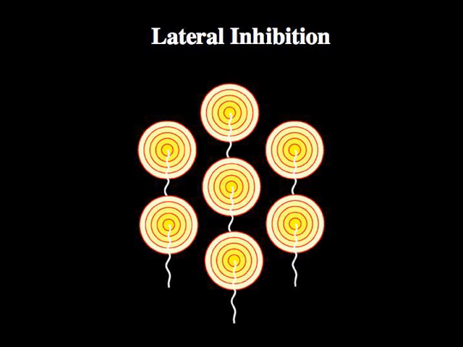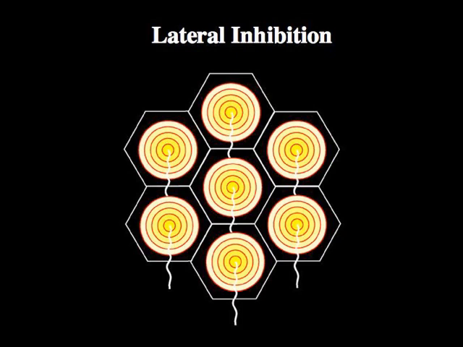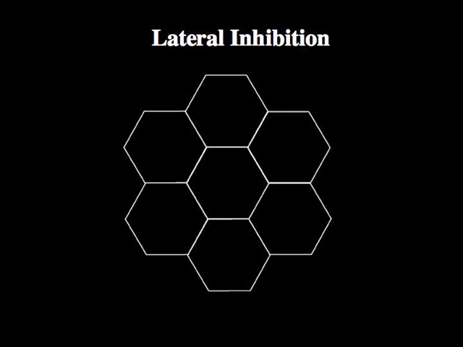And I've drawn them in regular rows because then it's easier to draw a little hexagon around them and say that is the receptive field of that Pacinian corpuscle. This hexagon represents the area of skin over which that Pacinian corpuscle is sensitive. And then we can just draw the hexagons and everybody's happy that my histological skills aren't being tested.